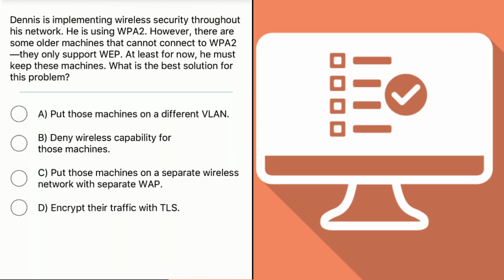C, put those machines on a separate wireless network with a separate WAP. D, encrypt their traffic with TLS. I think I'm going to A, put those machines on a different VLAN, or C, put those machines on a separate wireless network with a separate WAP. I think A or C, but I'll try to go with A. How about you?